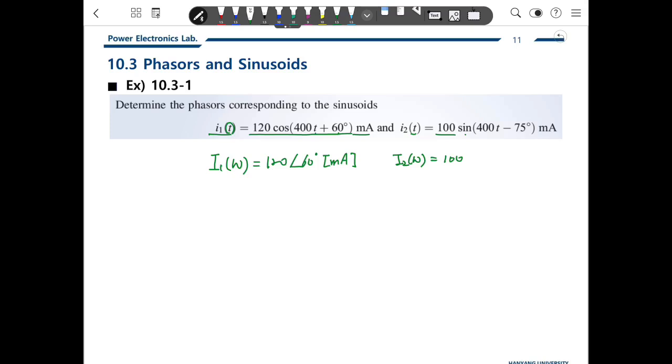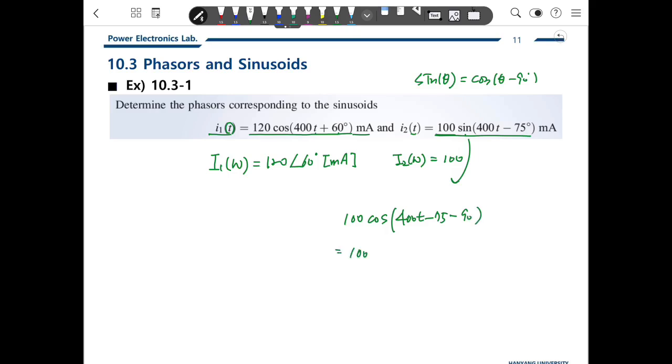Actually, no, this is sine. Sine theta is the same as cosine theta minus 90 degrees. So we can transform that value over here. 100 cosine 400t minus 75 minus 90.